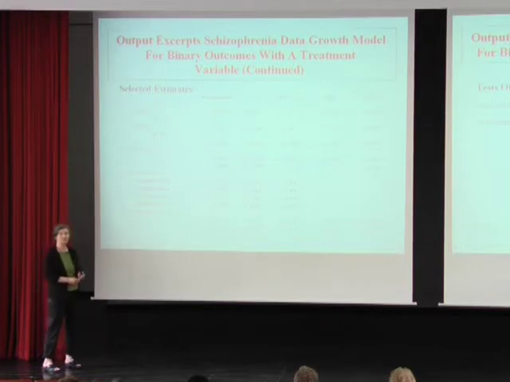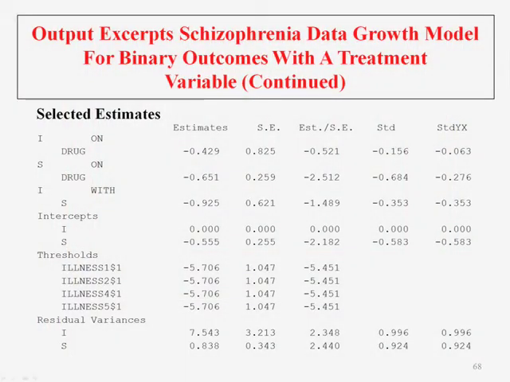So if we had a model without covariates, we would show means and variances here for I and S. But when you have covariates in the model, it's a conditional model, and intercepts and residual variances are estimated instead of means and variances. So this is the example of the categorical growth model.